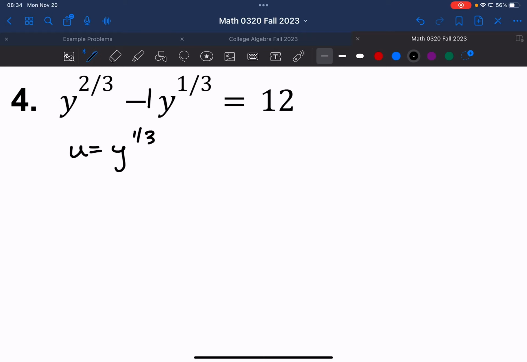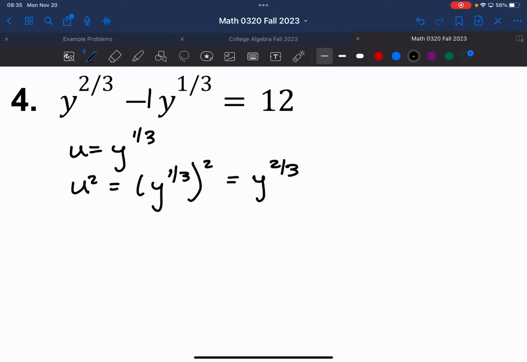So now that we have u, we need to find u squared. And we just do that by squaring y to the 1/3. So that gives us what? y to the 1/3 squared. Multiply those exponents. 1/3 times 2 is 2/3.